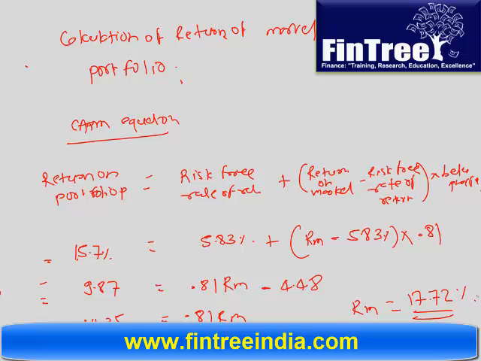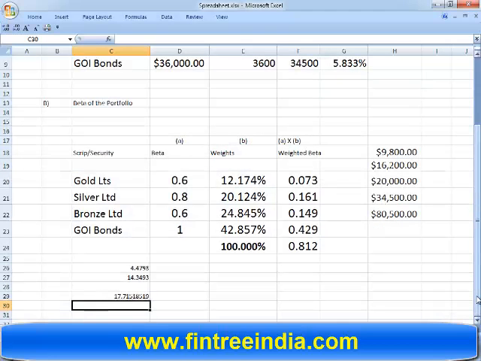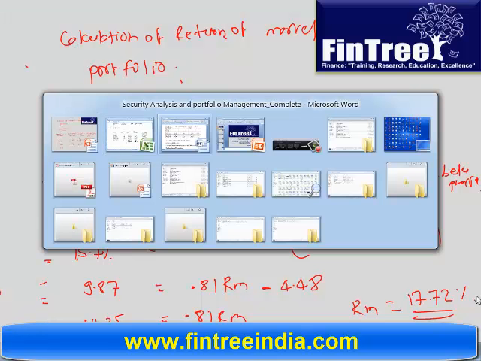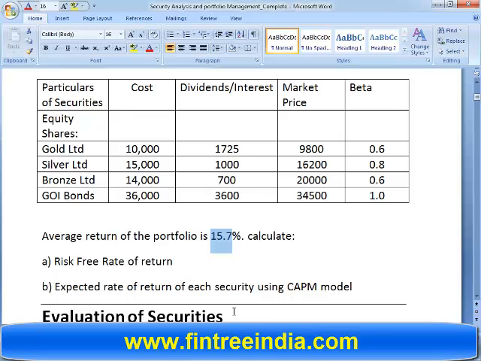Are we done? And once you've calculated return on the market, you're done with this? So once you've calculated return on the market, then we will do the last step of this question. So you will say calculation of expected return. See, the question says here, calculate expected return for each of the security using CAPM.